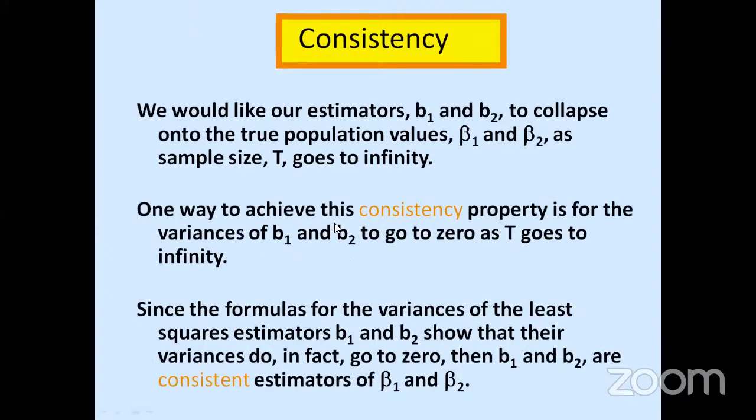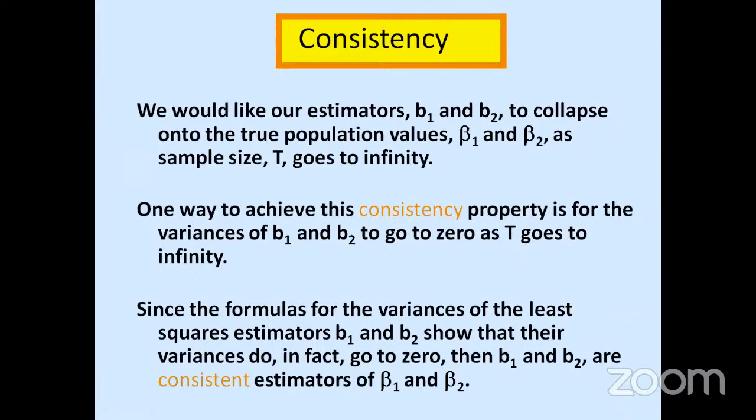To achieve this consistency property, the variance of B1 and B2 must go to 0 as T goes to infinity, since the formulas for the variances of the least squares estimators B1 and B2 show that their variances do go to 0.